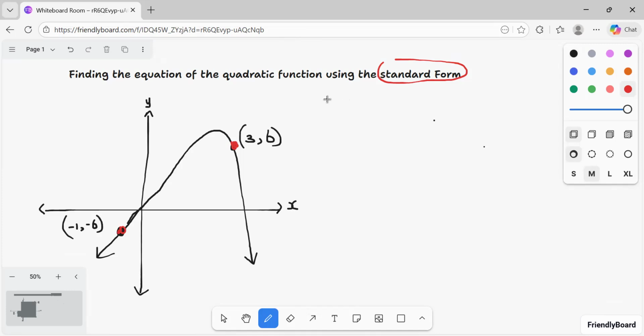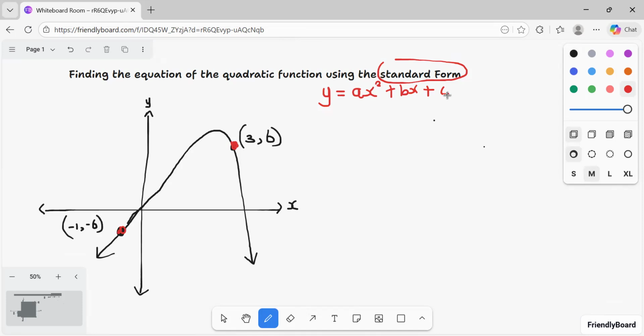So what is the standard form? The standard form is y is equal to ax squared plus bx plus c. So this is the standard form.